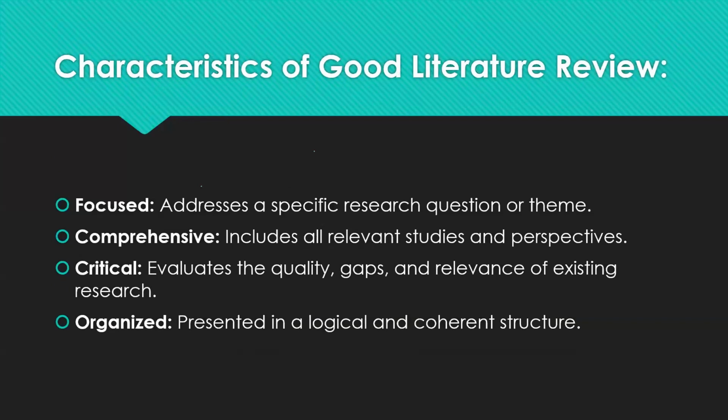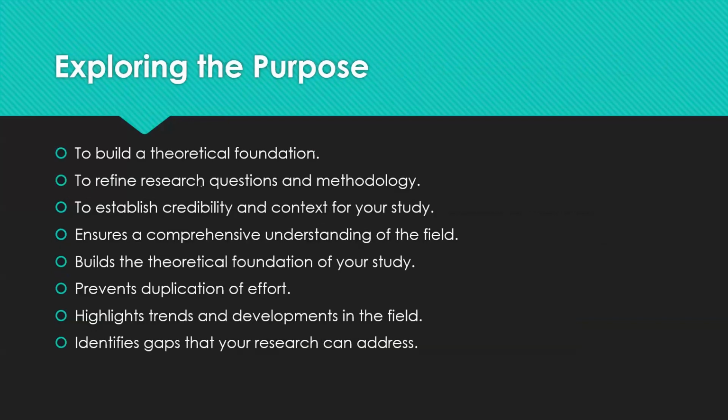Next is exploring the purpose of the literature review. First thing is to build a theoretical foundation. Theoretical foundation mainly talks about constructing a solid theoretical framework for your study, from where you have to start.